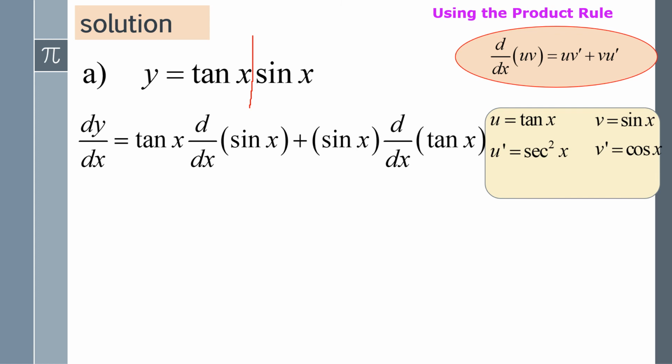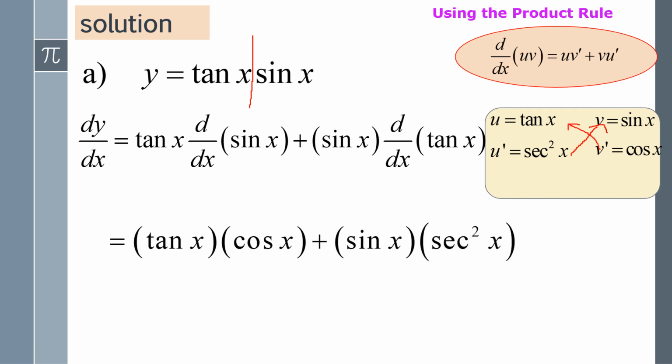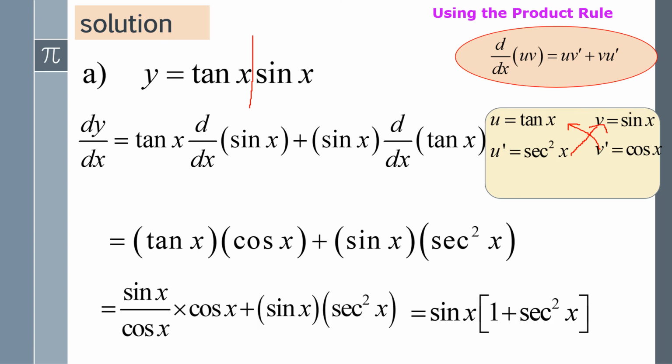If we let v be equal to sin x, we have v prime equal to cos x. Therefore, uv prime plus vu prime is tangent x cos x plus sin x secant squared x. If we simplify, we get the answer sin x times 1 plus secant squared x.